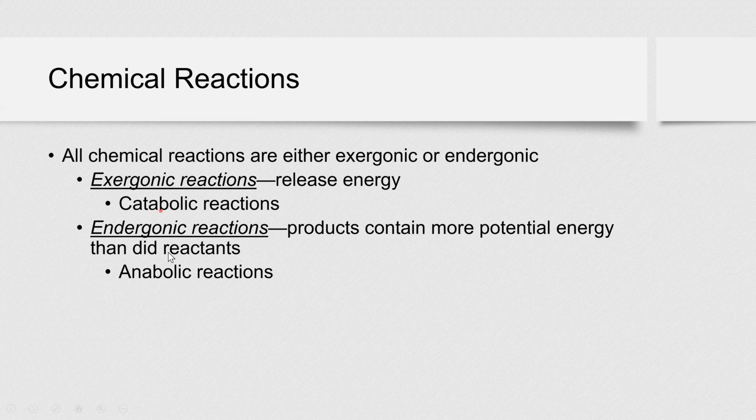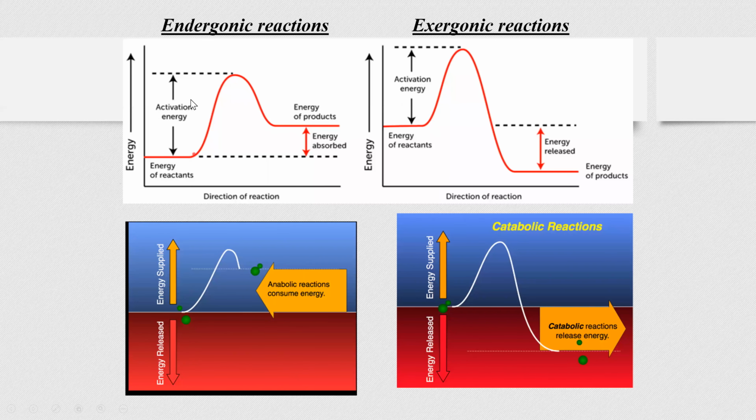So pretty much you either build larger molecules and store energy within the chemical bonds, or you break down large molecules and release this potential chemical energy that was stored inside the bonds. Right, so if you look over here, in an endergonic reaction, here are our reactants, and the energy of the reactants is less than the energy of the products. We have conservation of matter and conservation of energy.